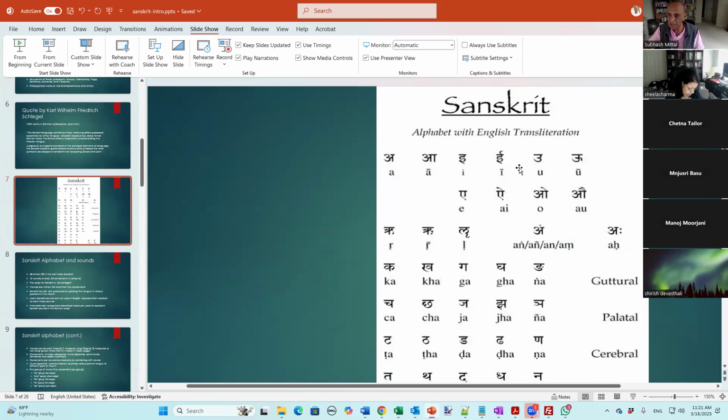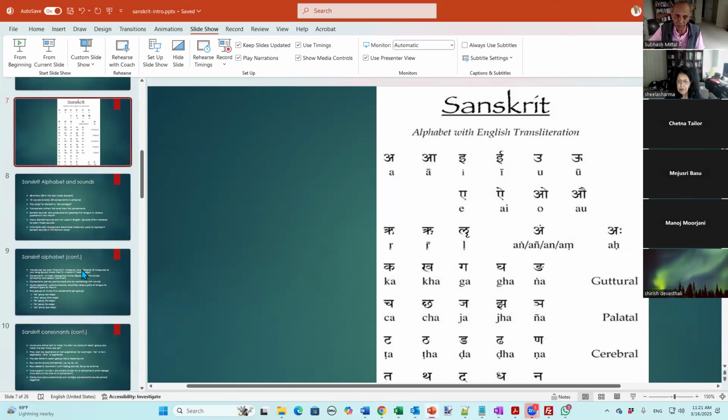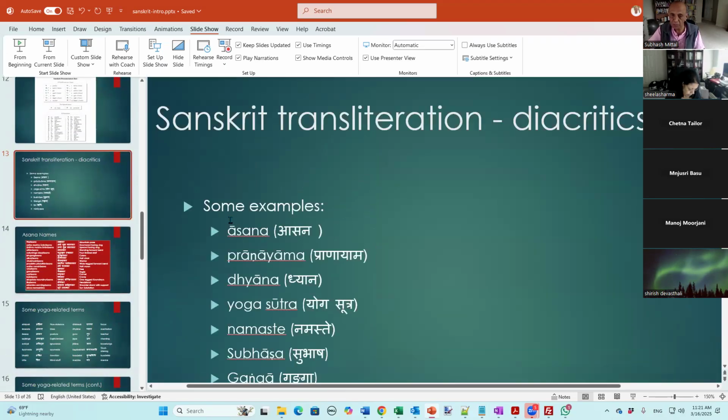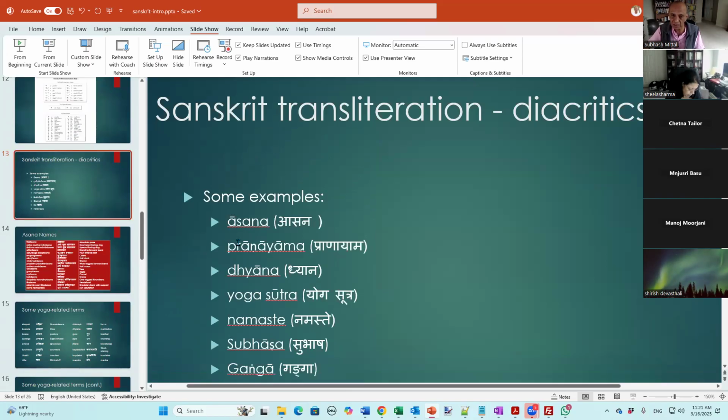Same thing with e, u, oo. So these are long sounds. Anytime you make a sound longer than the short sound, you put a bar on top. Similarly here, pra, na, ya. This one does not have a bar on top, so it's pranayama, not pranayama.